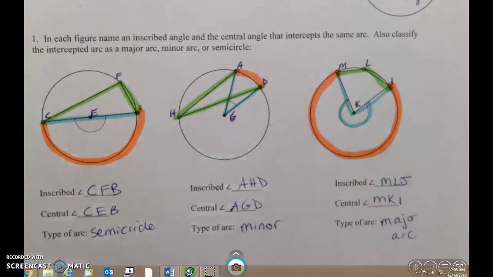So we can do a little investigating to see if we can figure out the relationships between an inscribed angle and the central angle that intercepts that same arc. So take a look at page 95.